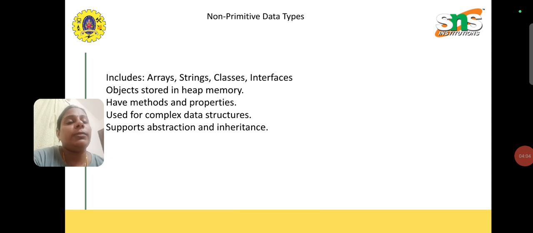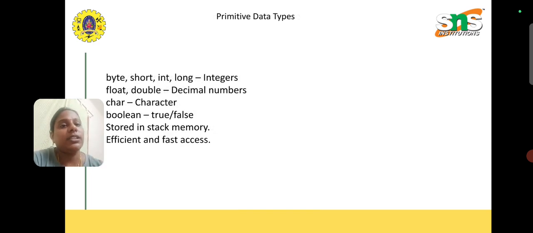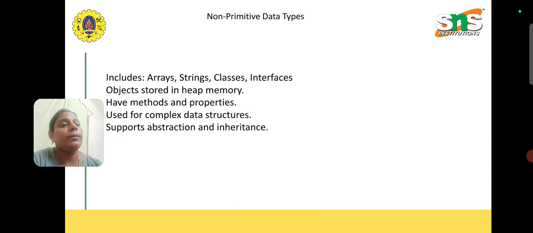Non-primitive data types include arrays, strings, classes and interfaces. Objects are stored in heap memory. Primitive data types are stored in stack memory, while non-primitive data type objects are stored in heap memory. They have methods and properties.